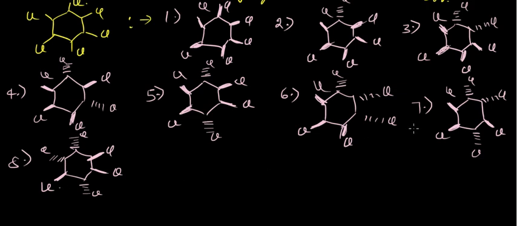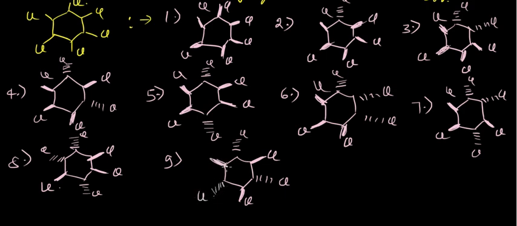Please make a note that 7th and 8th are actually mirror images of each other and are not superimposable. Okay. 9th one can be Cl here and chloro here. Okay, so these are the 9 stereoisomers of gamexane.